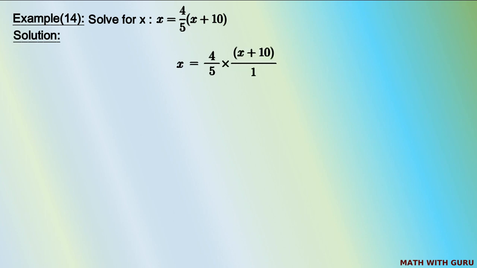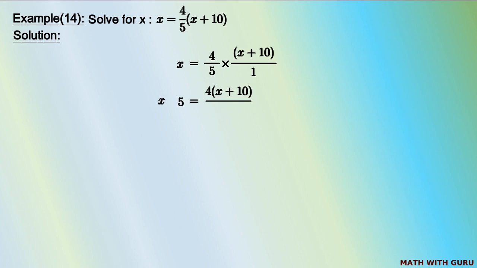Example 14. Solve for x. x equals 4/5 whole multiplied by (x plus 10). x equals 4 divided by 5 multiplied by (x plus 10). Or this can be written as (x plus 10) divided by 1. x equals 4 into (x plus 10) divided by 5.